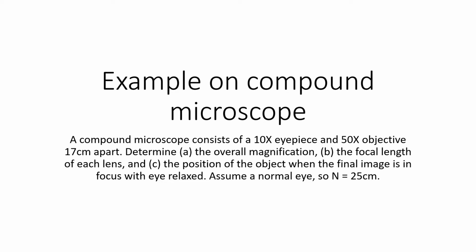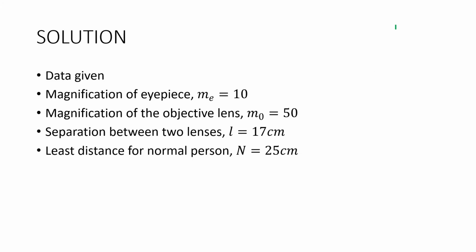Part C asks to determine the position of an object when the image is in focus with the eye relaxed. Assume for a normal eye the near point is 25 centimeter. So let us make the solution.